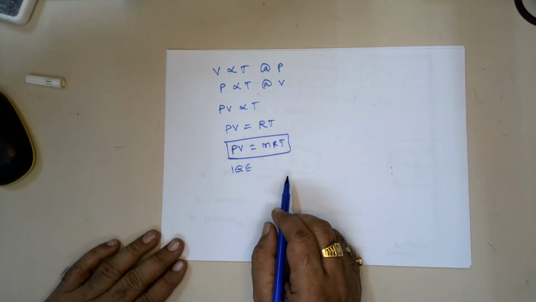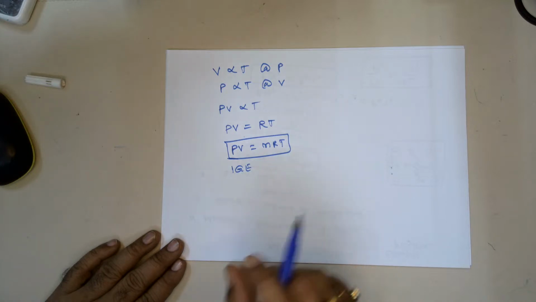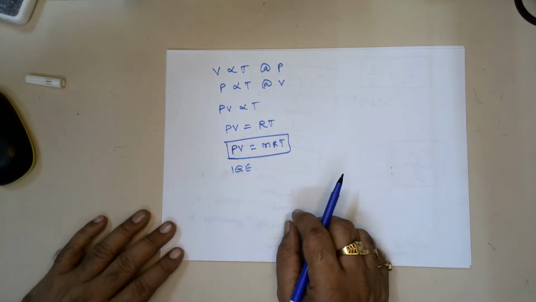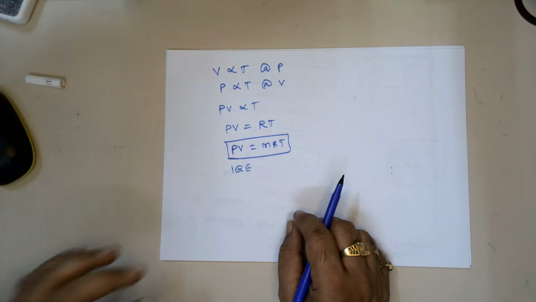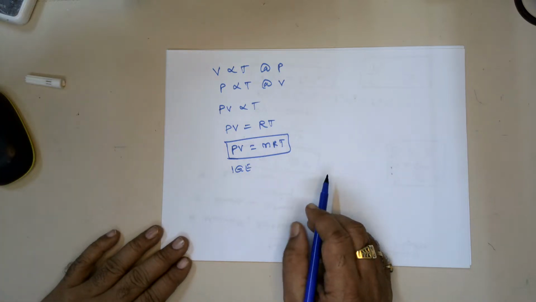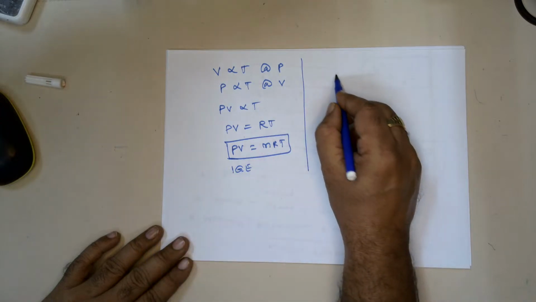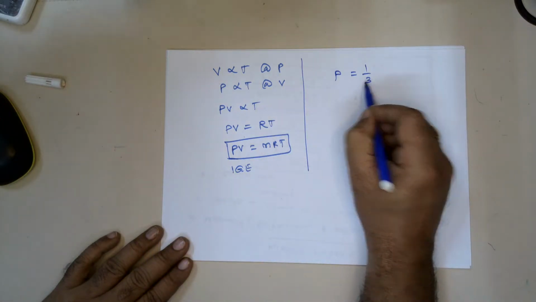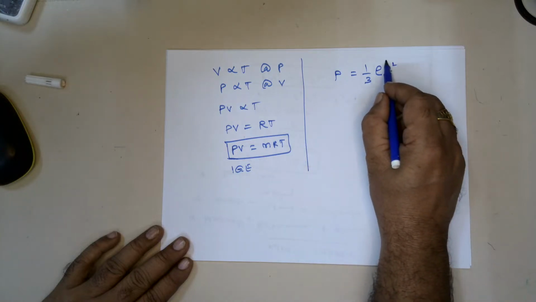Now, the molecule of an ideal gas is a point mass. It has no geometrical dimension. And when we consider the kinetic theory and gas pressure, we need to consider P is equal to 1 by 3 rho C squared bar.